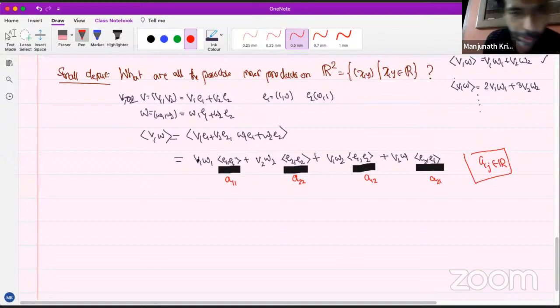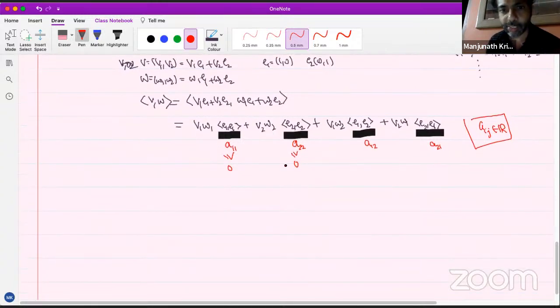Why should A11 be positive? For example, if we take E1 inner product E1 itself, then V1 is 1, V2 is 0. So E1 inner product E1 has to be non-negative, right? This is clear, it has to be non-negative. So these two conditions are there. Any other conditions?